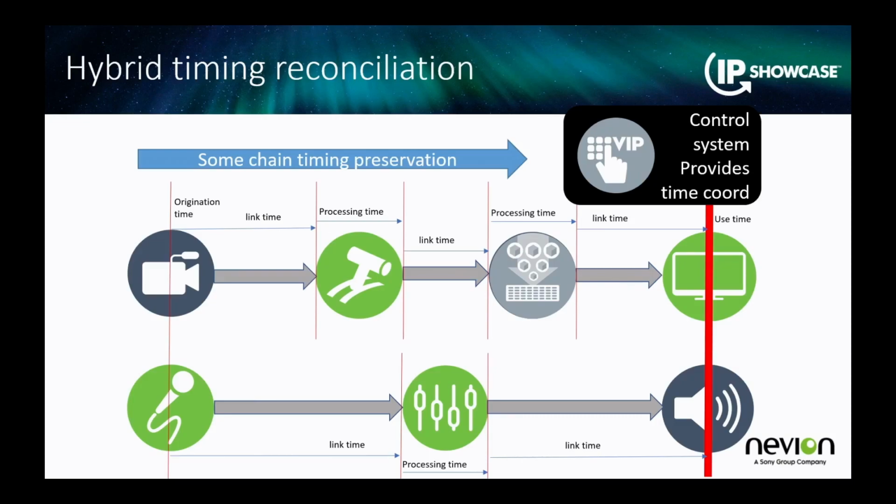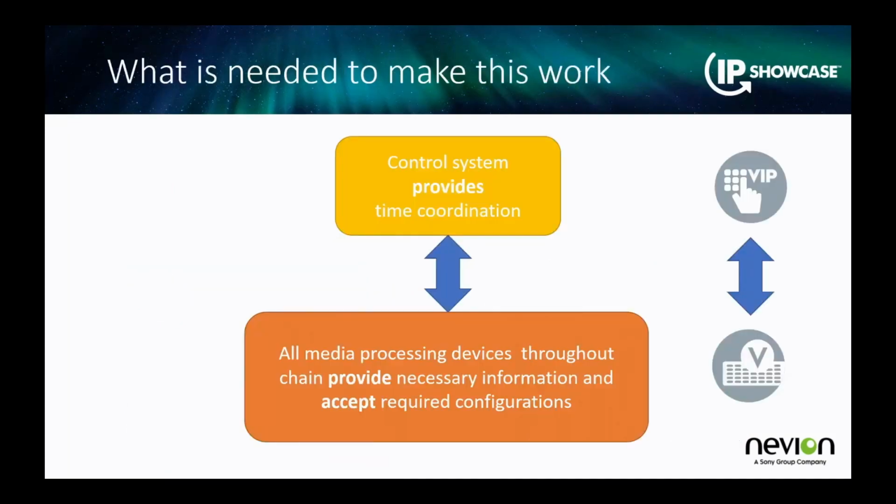So the control system will be able to do the math and accumulate the relative timing, the time taken by the processes and the transits, to give us the ability to automatically equalize and accommodate the timing information at each point.